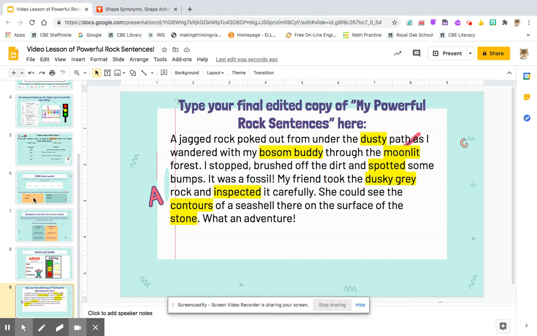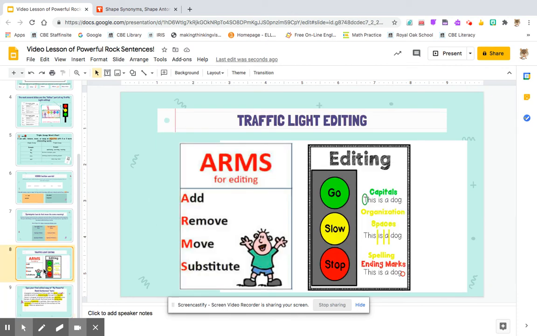Okay, so I've gone in and done my triple scoop, my verbs, and now I am on to traffic light editing. So this part, I've done most of the yellow using my arms, adding, removing, moving, and substituting.